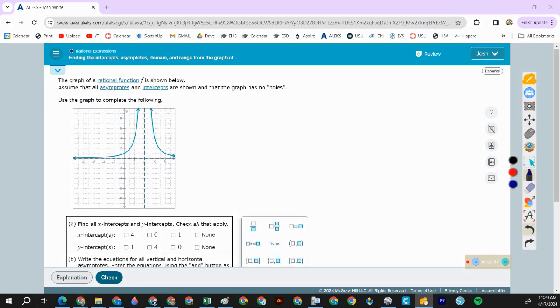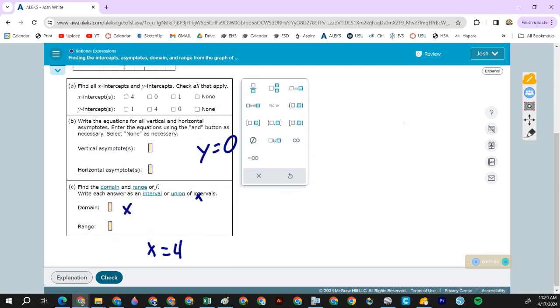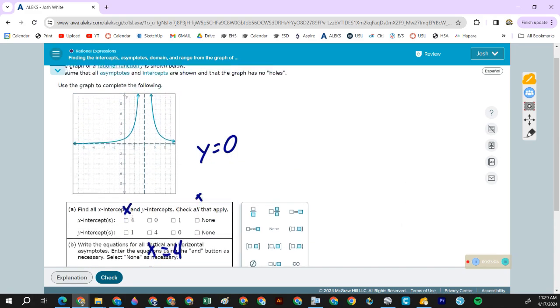So they don't even give us the equation. We're just using the graph. Where are the x-intercepts? This one has none. The y-intercept is 1. The vertical asymptote is x equals 4. The horizontal asymptote is y equals 0. And the domain.